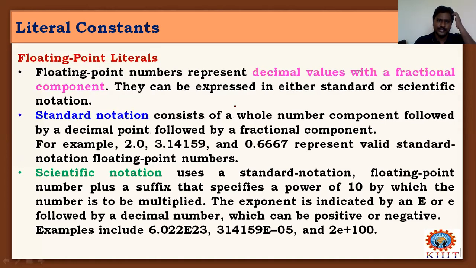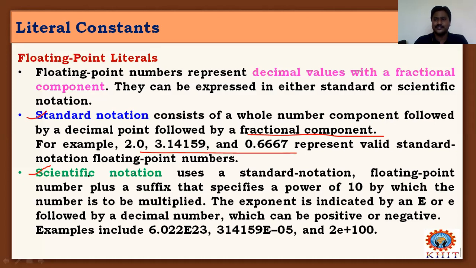Coming to floating point literal values, these numbers represent decimal values with a fractional component, and we know that very well. Generally we represent floating point numbers in two notations, standard notation and scientific notation. Standard notation is generally a decimal point followed by a fractional component, and these are the examples here.